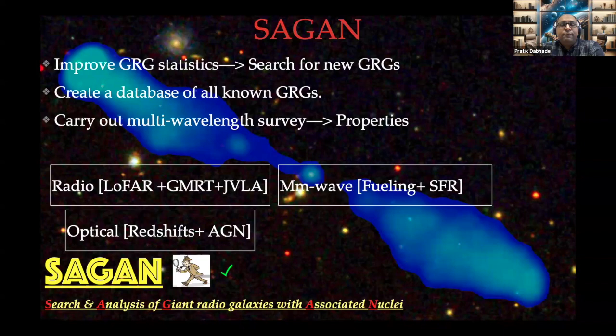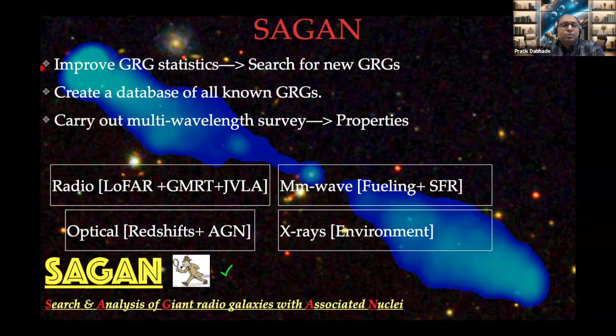Eventually, study their fueling with millimeter wave observations using CO data from IRAM, NOEMA, or ALMA, and also study their environment to test the hypothesis. So this was the initial plan.